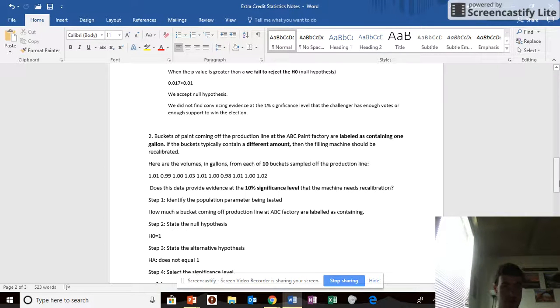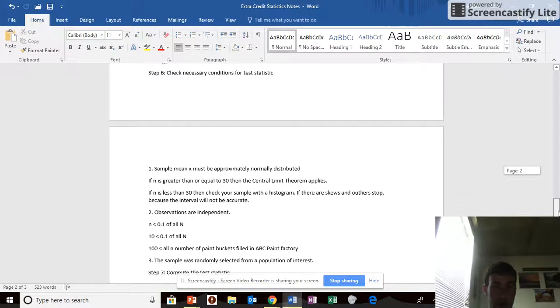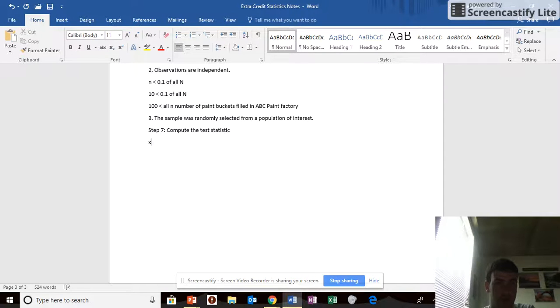And you should get an X bar value that equals 1.01 or approximately that. I think the calculator will say 1.005, but if you round off, it's 1.01. The N, which is the number of cans in this case that were sampled, that's 10.